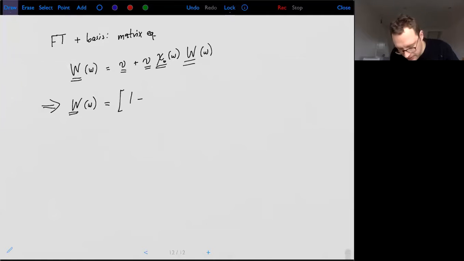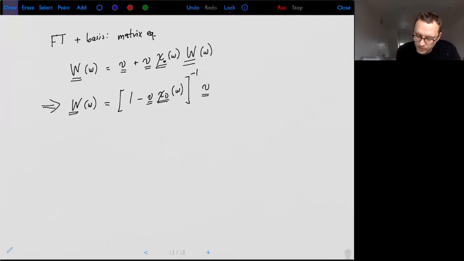I get a (1 minus V chi0(omega)) inverse times V. Right, so if I solve this equation for the screened interaction, I can write it in this way, and I can then define this to be an inverse dielectric matrix times the bare interaction, and this is basically how you would normally define the screened interaction as a bare interaction divided by some dielectric function.